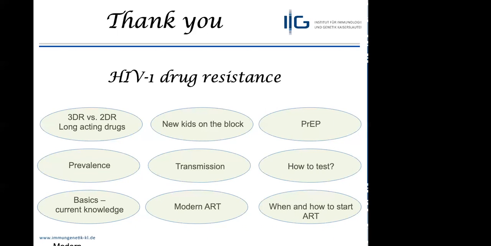Because if we would have 5–10% baseline drug resistance, we would lose our highly potent regimens we are all now relying on. And we are relying more and more on the highly potent integrase inhibitors.